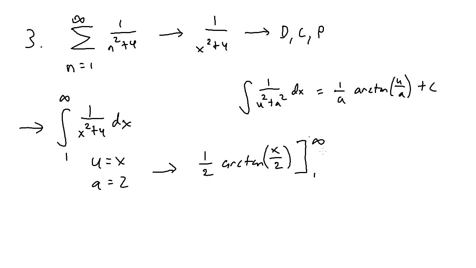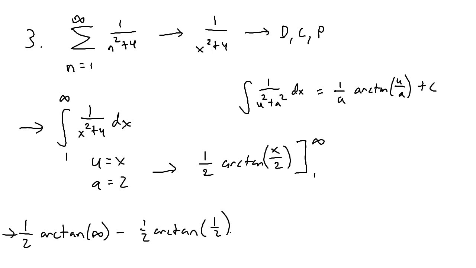So if I were to evaluate this, let's start by plugging in infinity. We get 1/2 times arctangent of infinity over 2, which is still infinity, minus 1/2 arctangent of 1/2. So to evaluate arctangent of infinity, remember the graph of arctangent looks something like this.